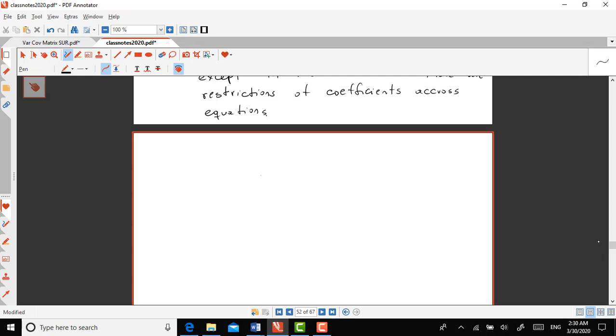Let me write down the example there. So again, let's use that as an example. And let's use a demand system with shares. Those taking a demand class with Dr. Chini would probably see some demand systems like that.